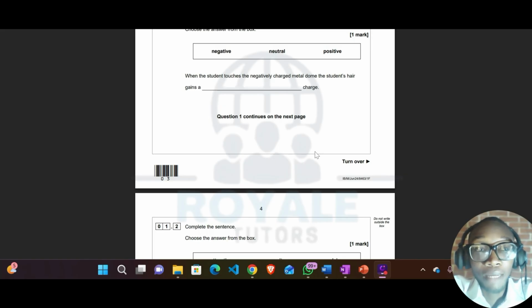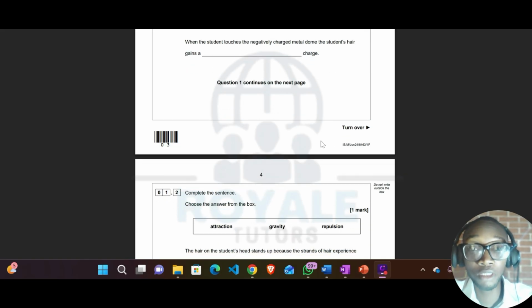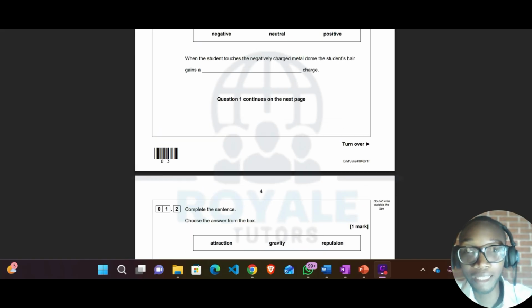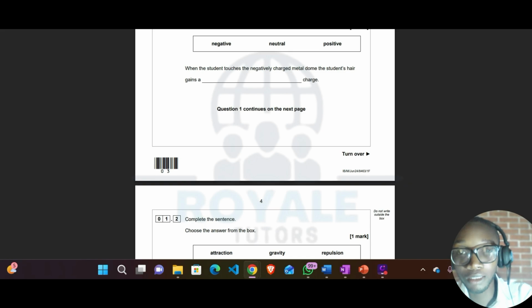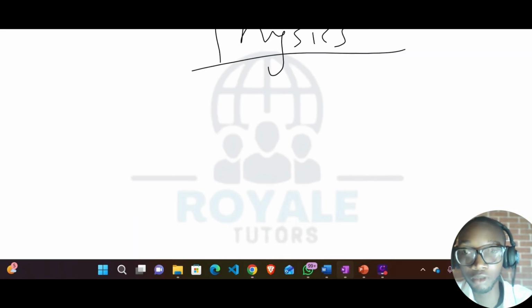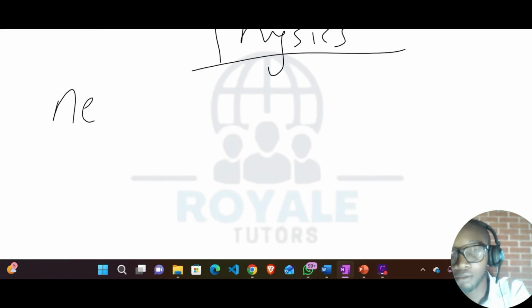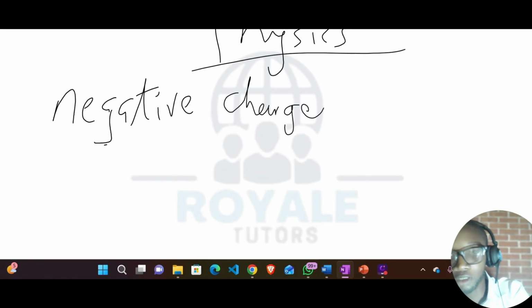So in this case, if the metal dome is negatively charged, this practically means that the student's hair will gain a negative charge, because negative charges are the ones that will move from one point to another. So our answer here would be negative charge. So that's question one.